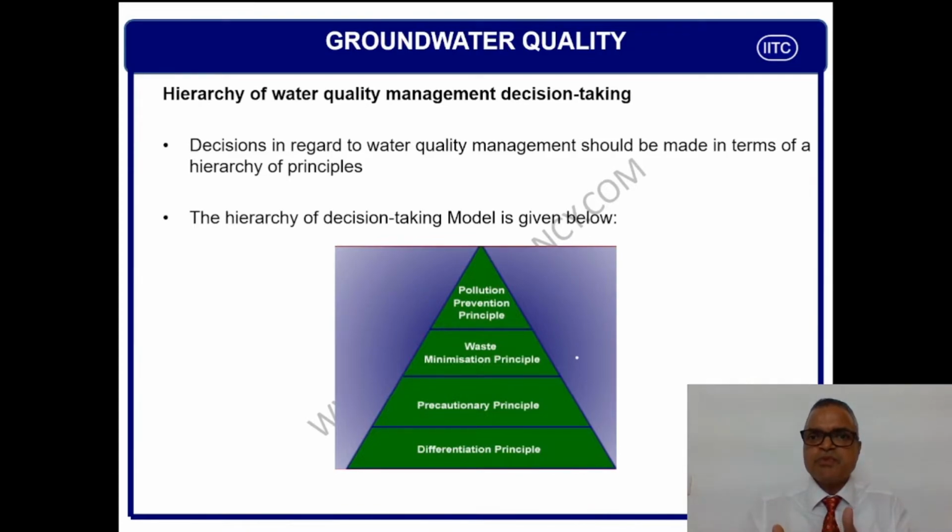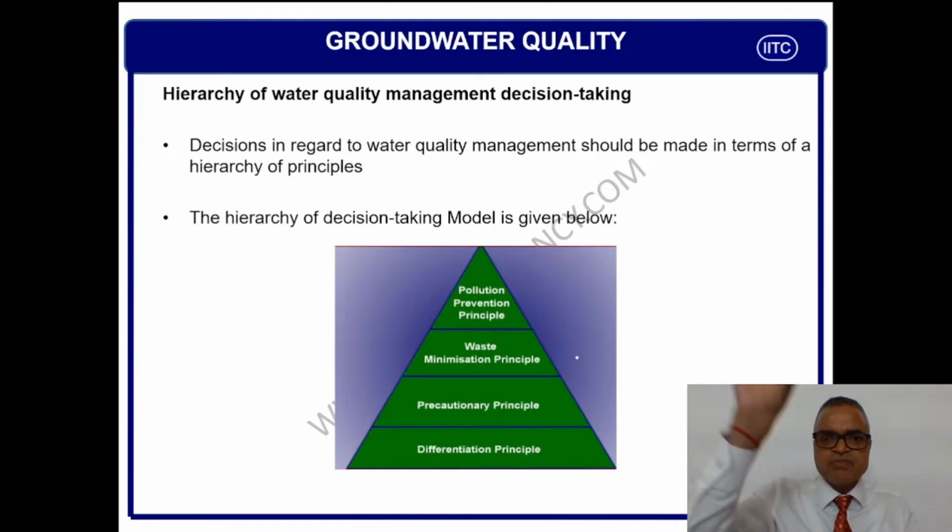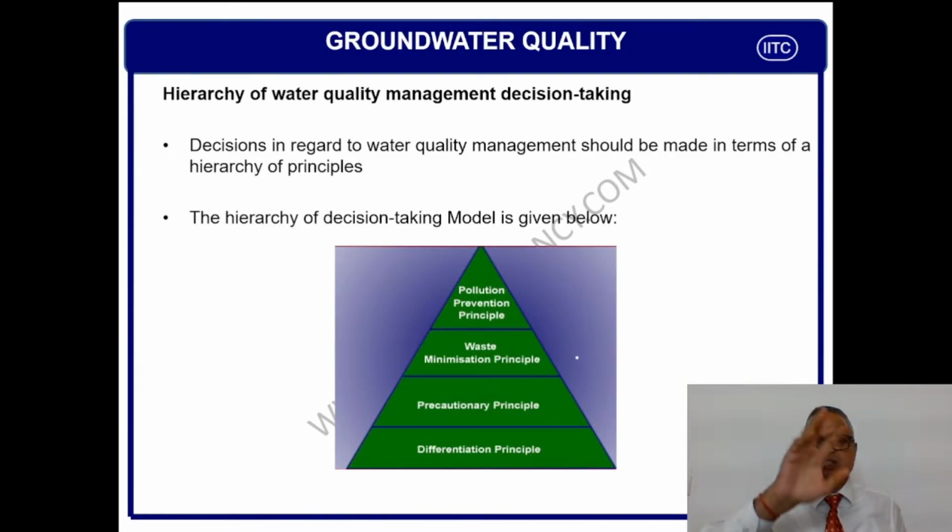If you are not able to prevent the pollution, if you are not able to minimize the waste, we need to see what the precautionary principle says before taking a decision. And last but not least is the differentiation principle. So the first is the pollution prevention principle. We need to prevent the pollution in the first place. Second is waste minimization. The third is the precautionary principle. Then the differentiation principle. In this way, we have to take decisions so that our water quality management is maintained.